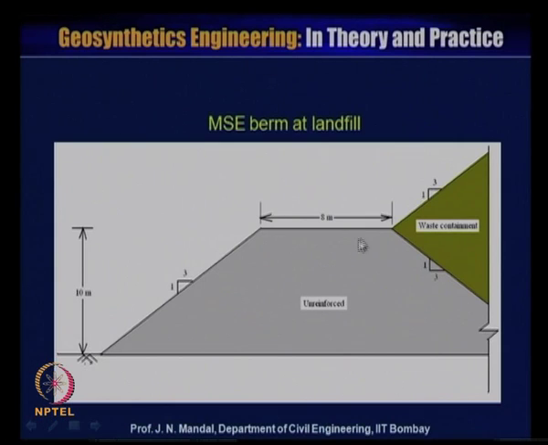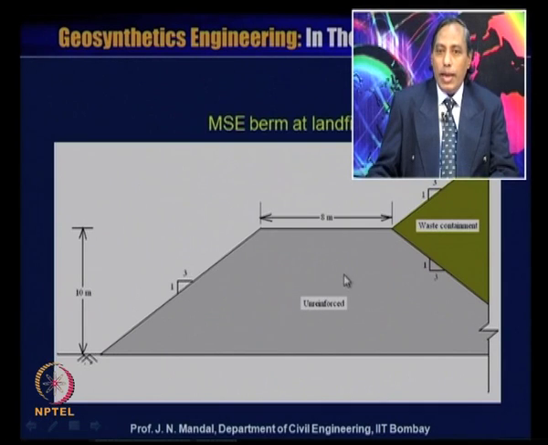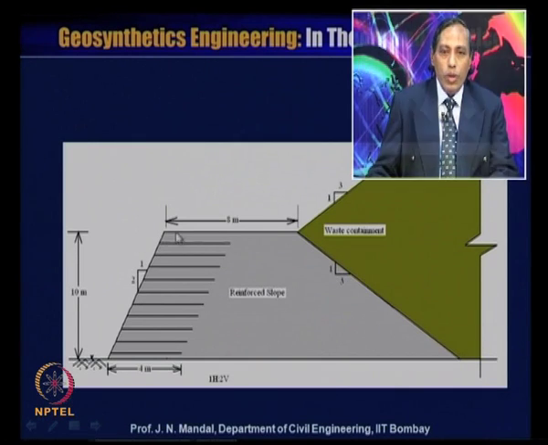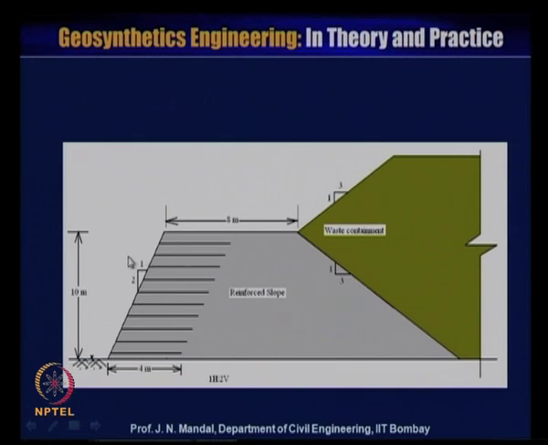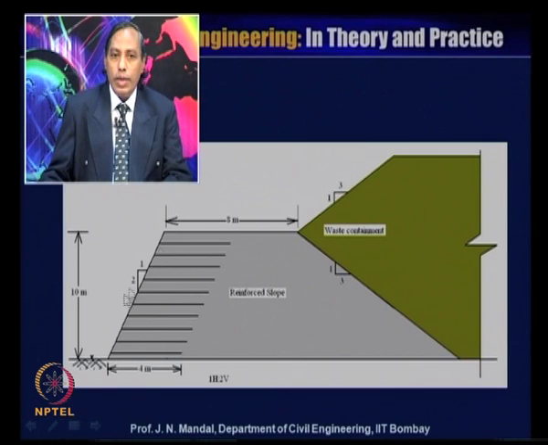So how can you minimize this, how can you save the energy? You can provide multiple layers of reinforcement, and also you can reduce the slope, vertical to horizontal is 2:1.